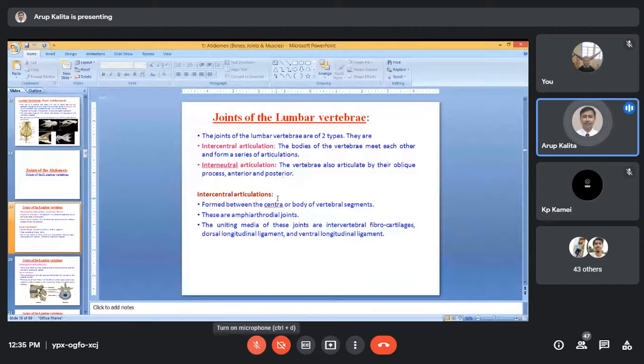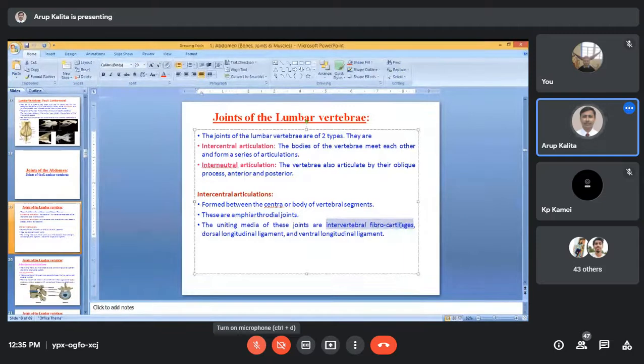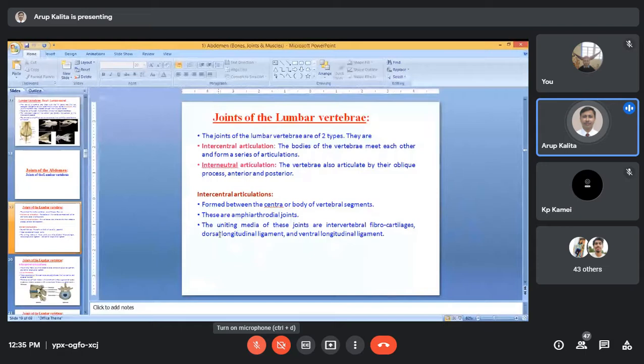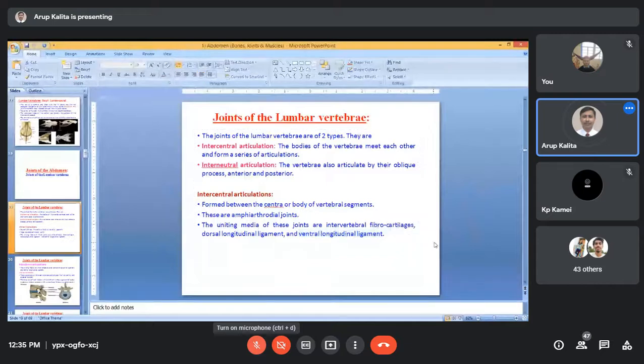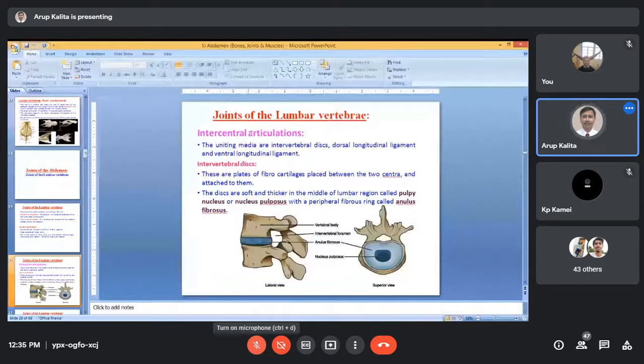Now in the intercentral articulation, the uniting medium is intervertebral fibrocartilage. Then you get the dorsal longitudinal ligament and the ventral longitudinal ligament. So the three uniting media are intervertebral fibrocartilage, dorsal longitudinal ligament, and ventral longitudinal ligament. Now where do you find them? You see here, this is one vertebra, this is another vertebra.